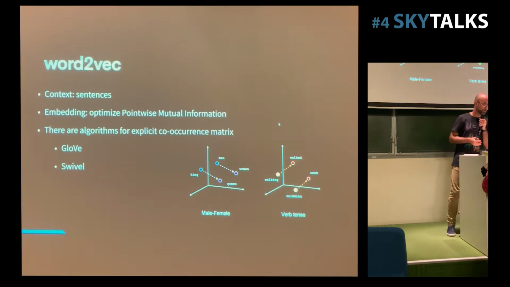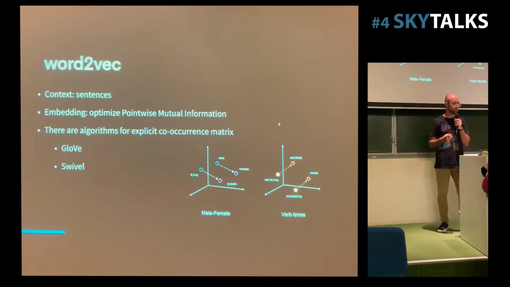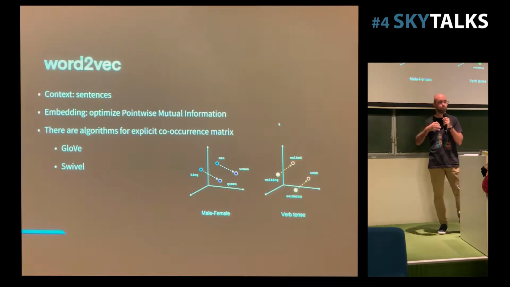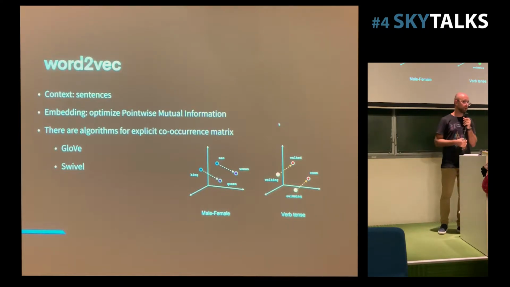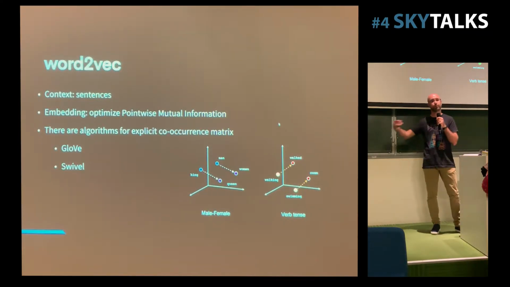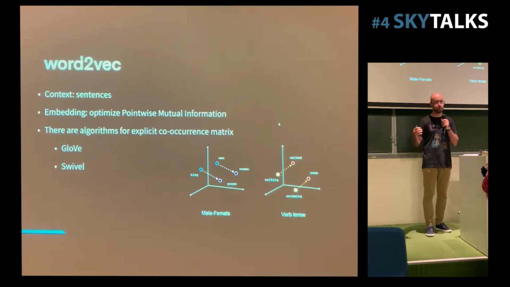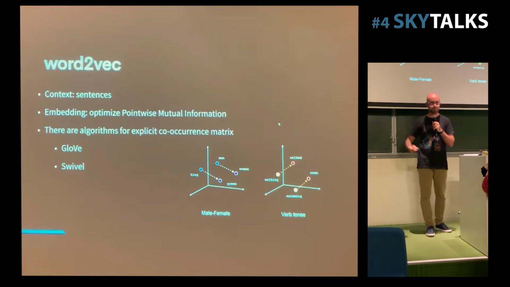When you have king and queen, and also man and woman, you take vectors, you subtract man from king, you add the vector for woman, and you get a vector which is very, very close to queen, which is quite nice. The model tries to understand the relations in natural language.